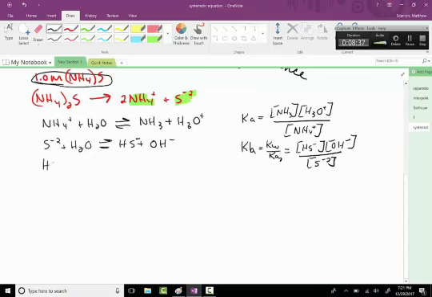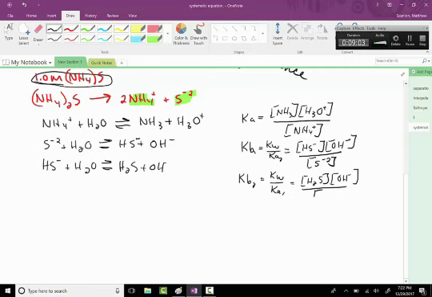Then the HS minus can react further to give us H2S plus OH minus, and I get Kb2, which is equal to Kw divided by Ka1, which is equal to the concentration of H2S times the concentration of OH minus divided by the concentration of HS minus. Okay, so I got Ka1, Kb1, and Kb2.